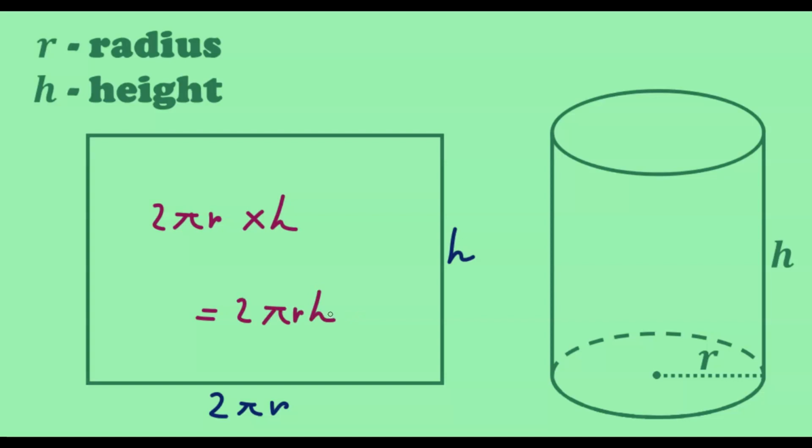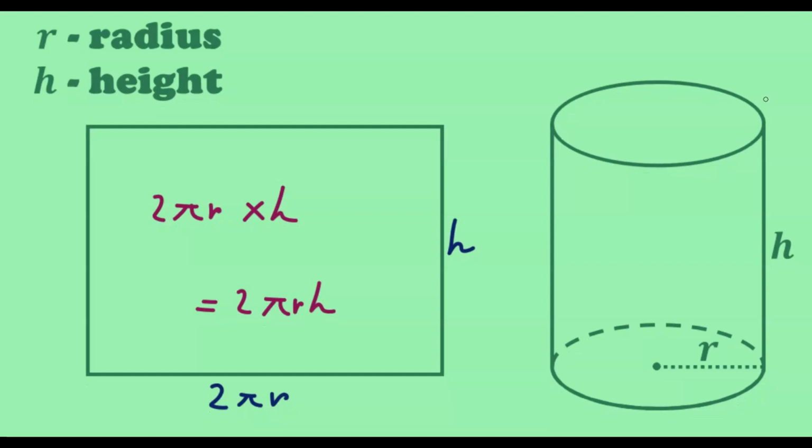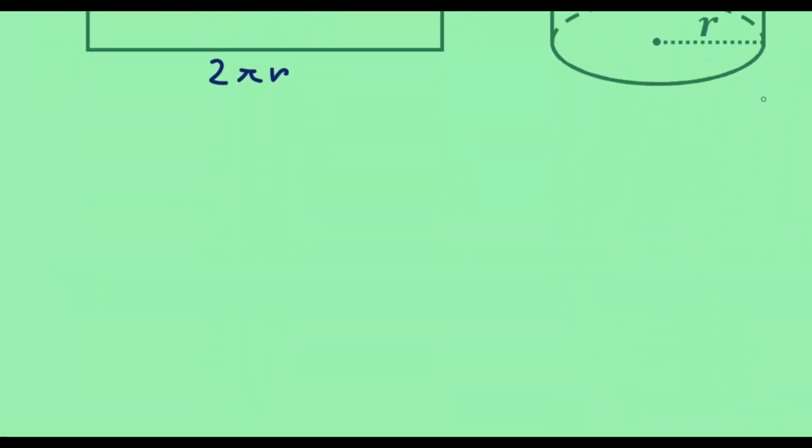So this is the surface area of the curved surface of the cylinder. And what we call that is the lateral surface area. So the lateral surface area, which we also write LSA in short, is going to be 2 pi r h.